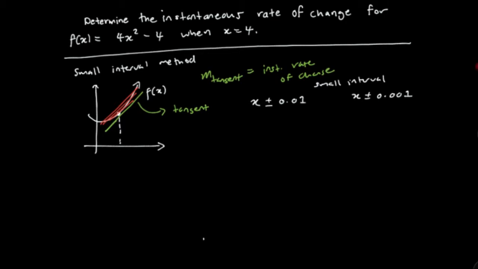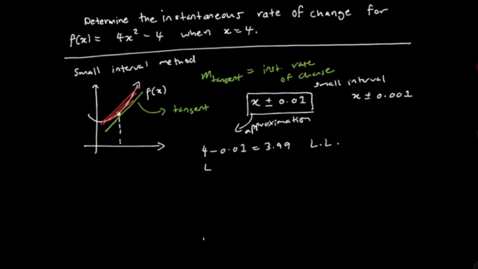And when we create an interval, it's always between a lower limit and an upper limit, right? So I'm just going to use this approximation, because technically it'll give us really the same answer. If I use this approximation, the lower limit here is 4 minus 0.01, so that's going to give us 3.99, and let's call this the lower limit.